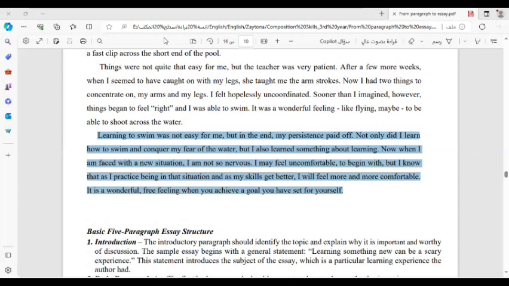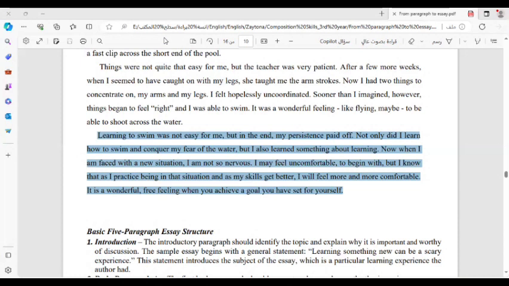Not only did I learn how to swim and conquer my fear of water, but I also learned something about learning. Now, when I am faced with a new situation, I'm not so nervous.